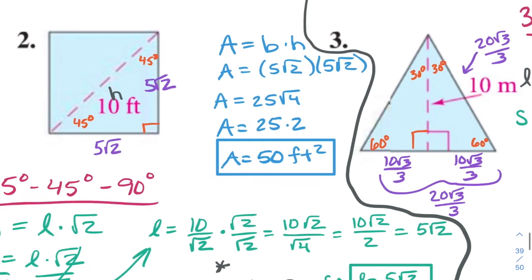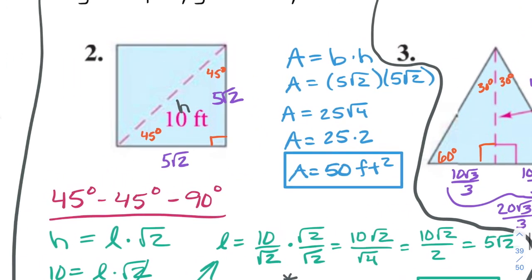Now, based on the last example we did, the last lesson, in any particular kite or rhombus, you can do 1/2 diagonal 1 times diagonal 2. Well, check this out. Isn't this a rhombus? It's a square. I know it's a square, but all squares are rhombuses. Not all rhombuses are squares, but a square is a rhombus.